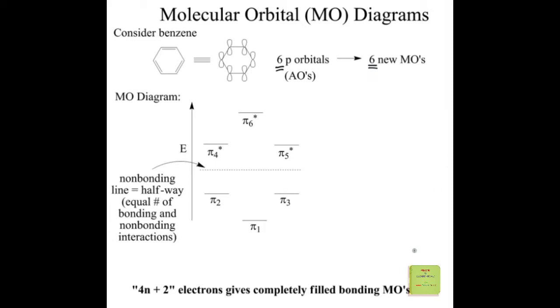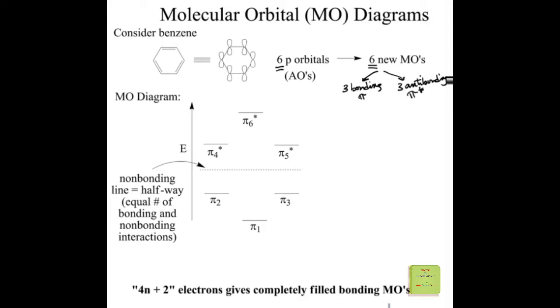And we're going to observe that same shift, that once you do your combination, half of them are going to be favorable interactions, the other half are going to be unfavorable. So these 6 new molecular orbitals will have 3 that are bonding orbitals, so we call them pi, and 3 that are anti-bonding, that we'll describe as pi star.